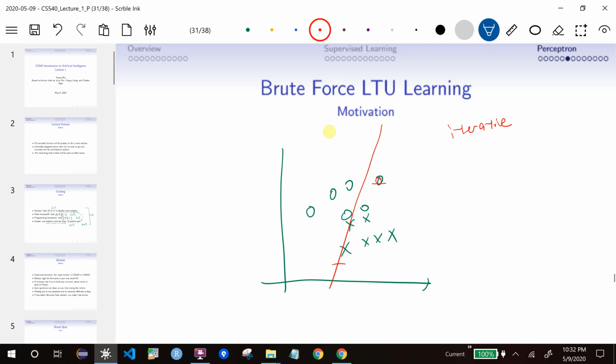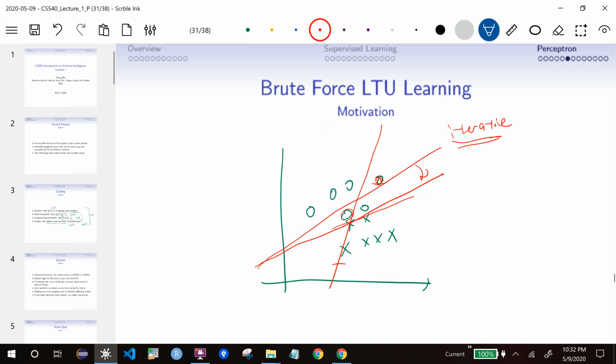We want to somehow rotate this line and maybe you will classify this correctly. And in the process, maybe it's doing a better job at this particular point, but it's classifying something else incorrectly now. However, if we keep doing this, maybe, hopefully, at some point they will converge. They will slowly move, basically rotate and translate, until you get the correct line.